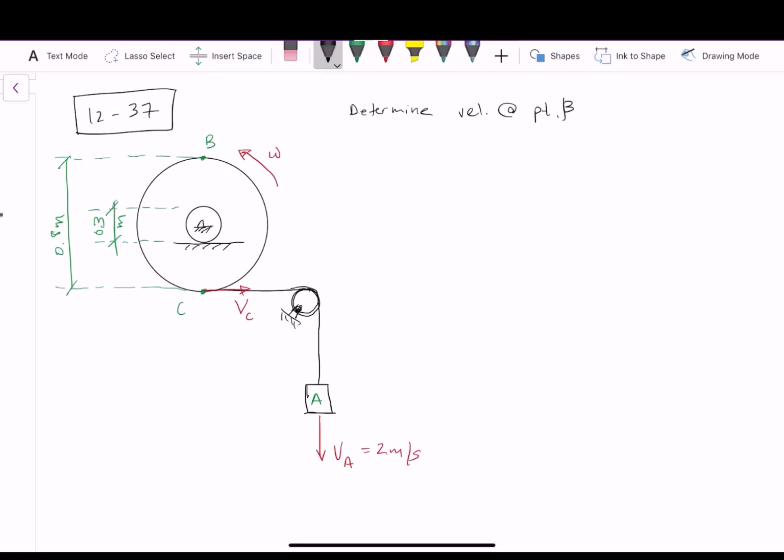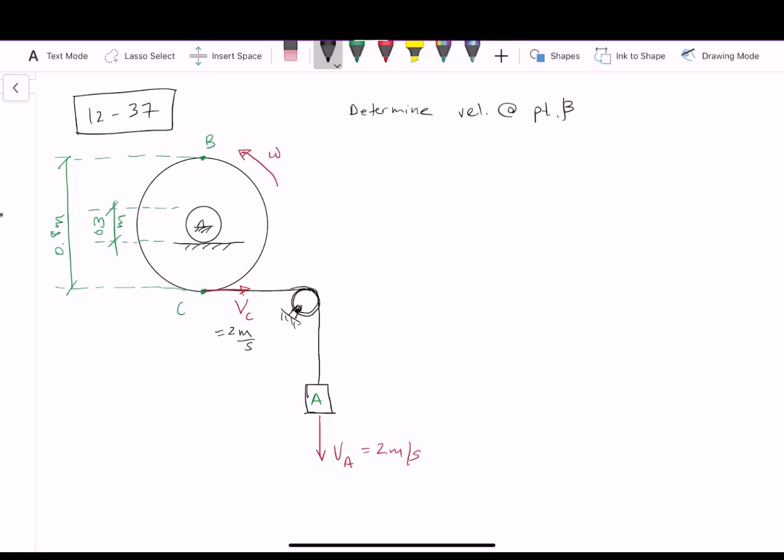And so if the block at point A is moving down at 2 meters per second, then the point C must be going to the right at 2 meters per second. There's just no other way around. It doesn't matter what's happening to the angular velocity. Of course, it has some angular velocity, but that's dependent on the fact that velocity A is 2 meters per second.